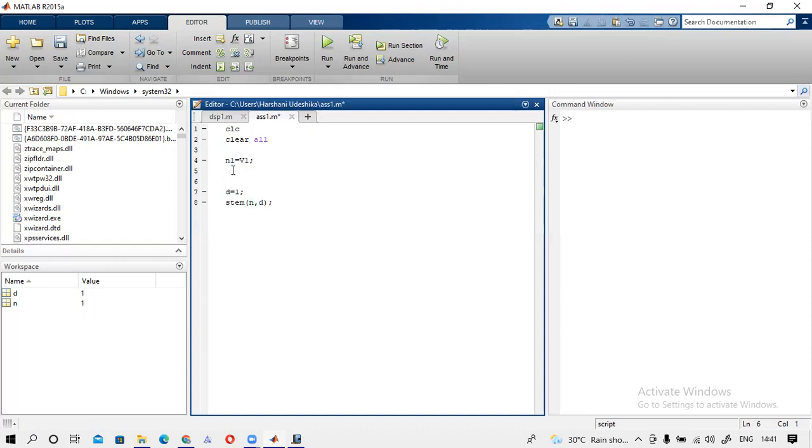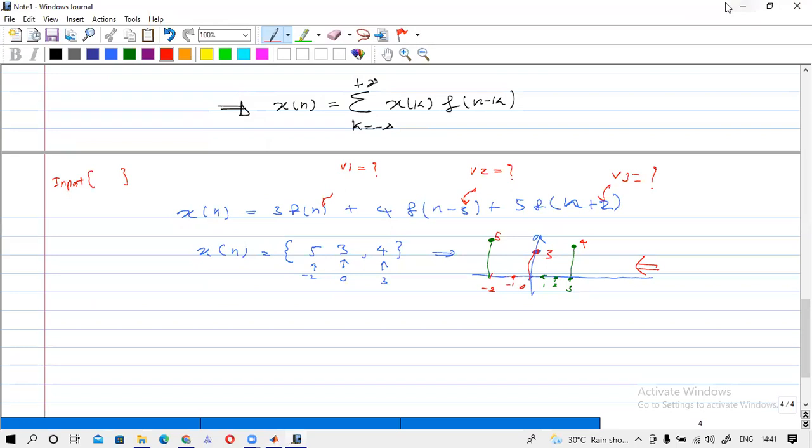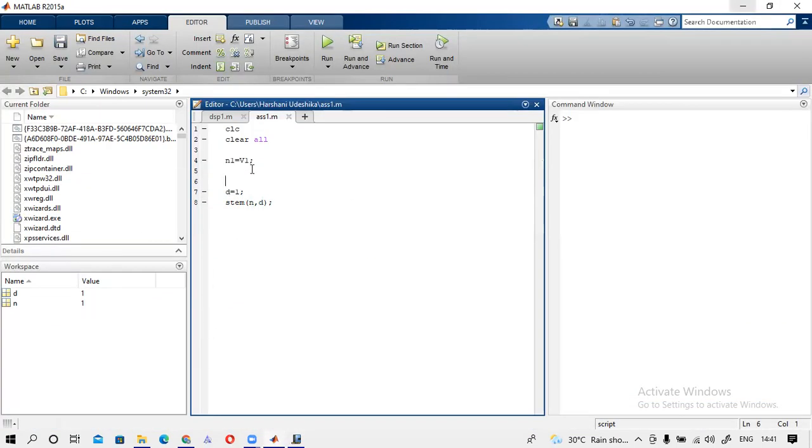Here the weight is 5. Let's say this V1 is -2, the weight is 5. So here you can also define the weight. Let's take weight 1.